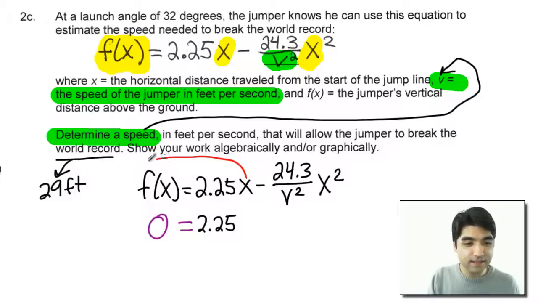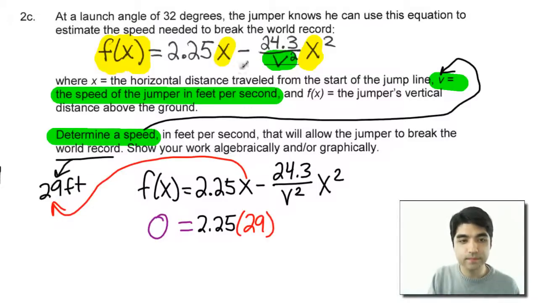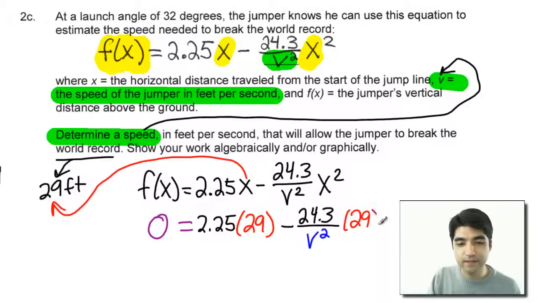So x needs to be 29 feet in order to break the world record. So let's put 29 here. And then we got minus 24.3 divided by v squared, which is what we are looking for. And then we have x again, which is again the 29 squared. Okay, so all we need to do is solve for v.